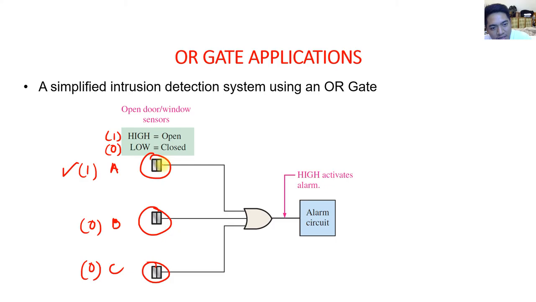If these inputs are connected into an OR gate, and we have an input of 1, 0, 0, then definitely the output is 1. If this goes high, there will be an alarm circuit. So that is one of the applications of the OR gate. That's logical: if one of the windows opens, it should alarm.